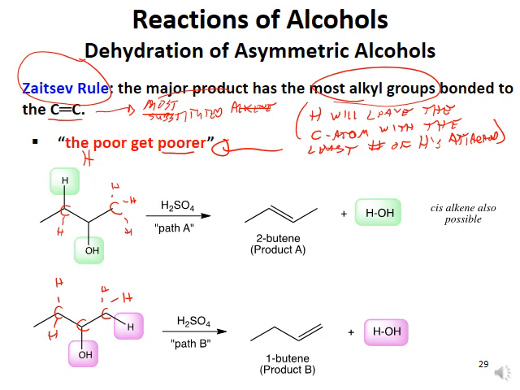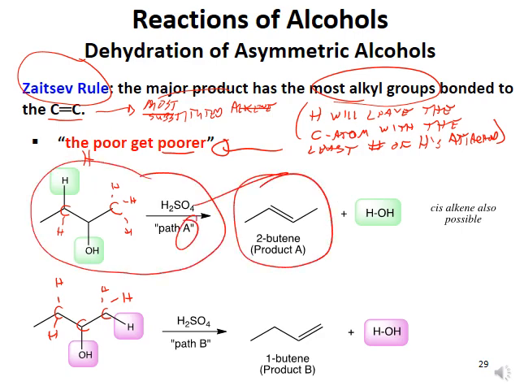And since the major product has the most alkyl groups bonded, which means the H will leave the carbon atom with the least number of hydrogens, path A is preferred. Got it?